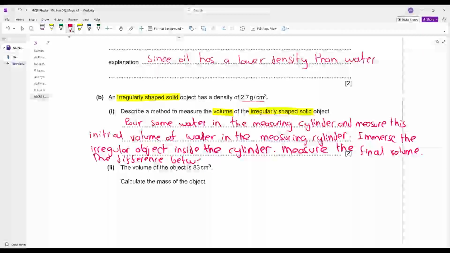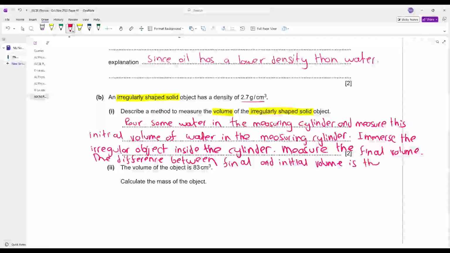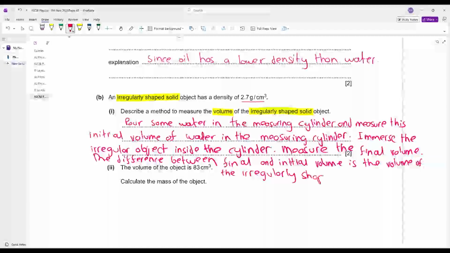Beta, final and initial volume के बीच का difference is the volume of the irregularly shaped object. The difference between final and initial volume is the volume of the irregularly shaped solid. Simple.